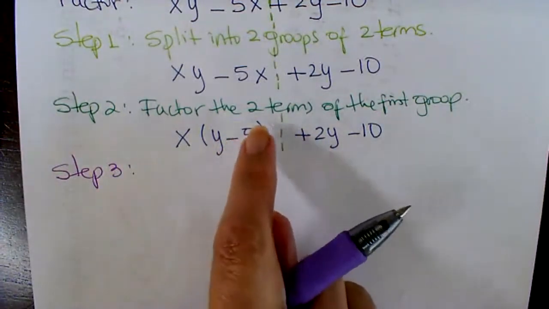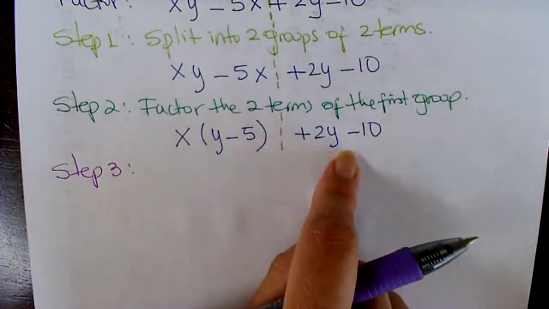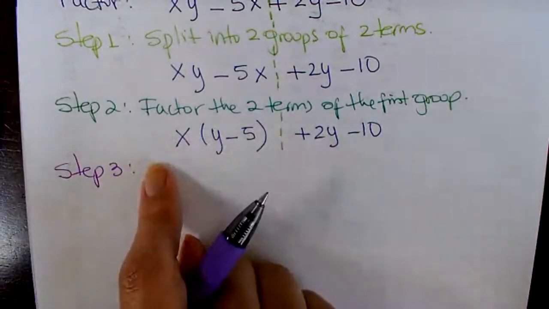We factor the two terms of the first group. We did that, and in step 3, we'll write the leftover factor on the other side.